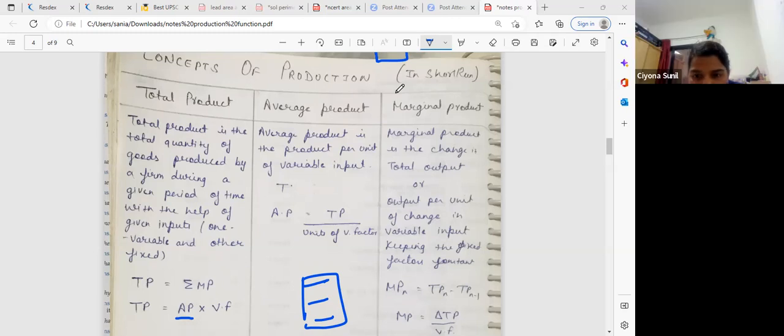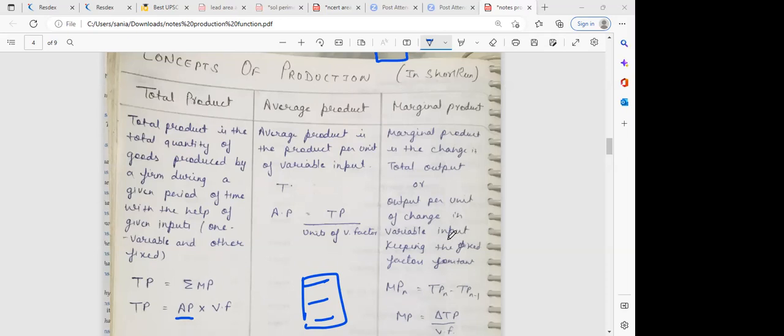Ma'am, could you please read the last word of the definition of marginal product? This one: output per unit of change in variable input, keeping the fixed factor constant. Okay. Yes, ma'am.